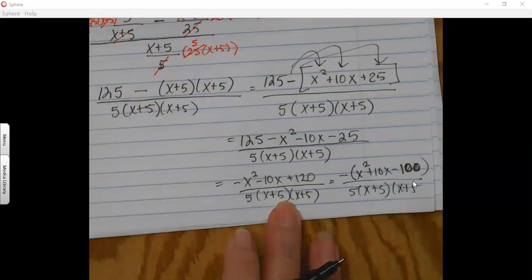Am I missing anything? Anything else I can multiply together to get 100? I did 10 and 10. 1 and 100 is not going to work. 1 and 100, 50 and 2, 25 and 4, 20 and 5. Am I missing any factors of 100? I don't think so. So it's not factorable. If it was, I would factor it and see if there was anything that would cancel out, but it won't. So that would be my answer.